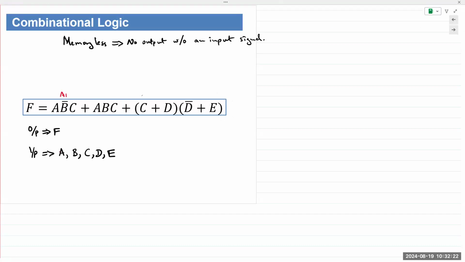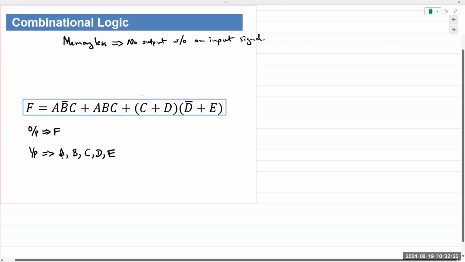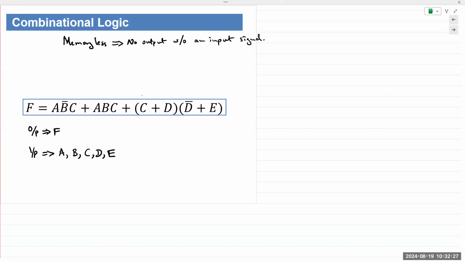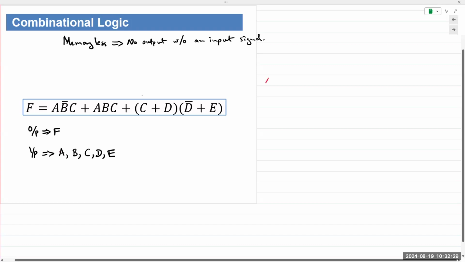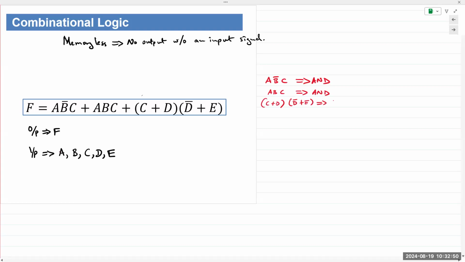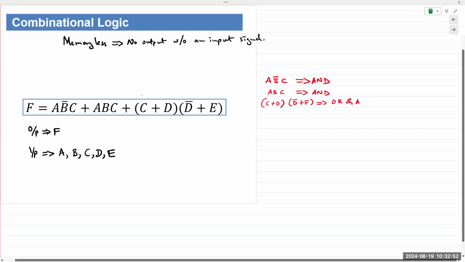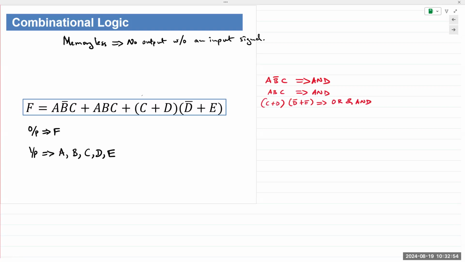So here it's primarily an AND function. Right here. So A, C would be an AND function. And then we have A, B, C, again, an AND function. And then here we have an OR and an AND function.